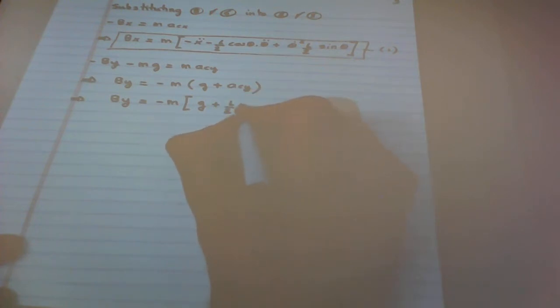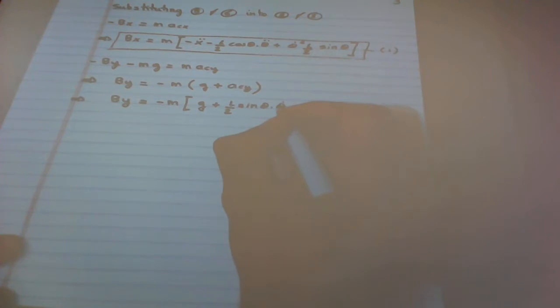What is ACY? L over 2 sine theta double dot plus theta dot square L over 2 cosine theta.